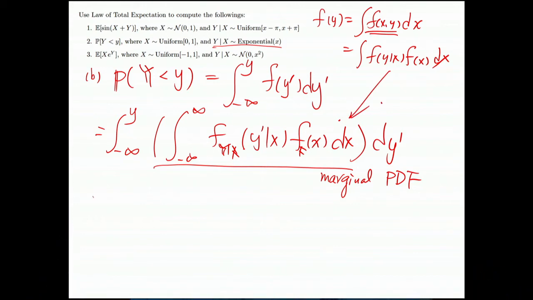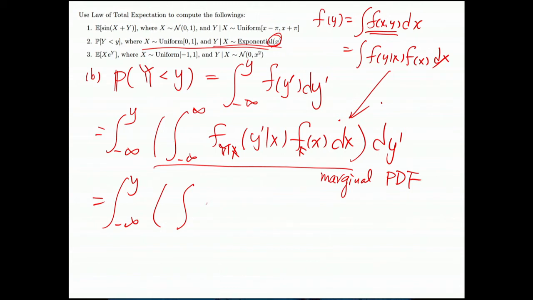Now we have all this information, and from here we can plug in. First is the y given x and f x. What is y given x? The PDF of y given x is exponential with parameter x.